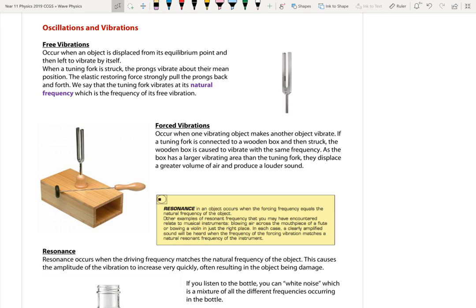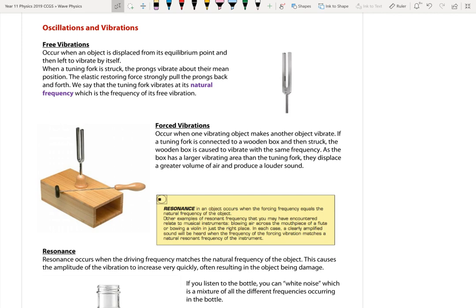I generally try and take one off just to show you that you can't really hear it, because the tuning fork has a small surface area. And so when you strike this tuning fork, it's only displacing a small amount. Now, you put it up to your ear, you can hear it.